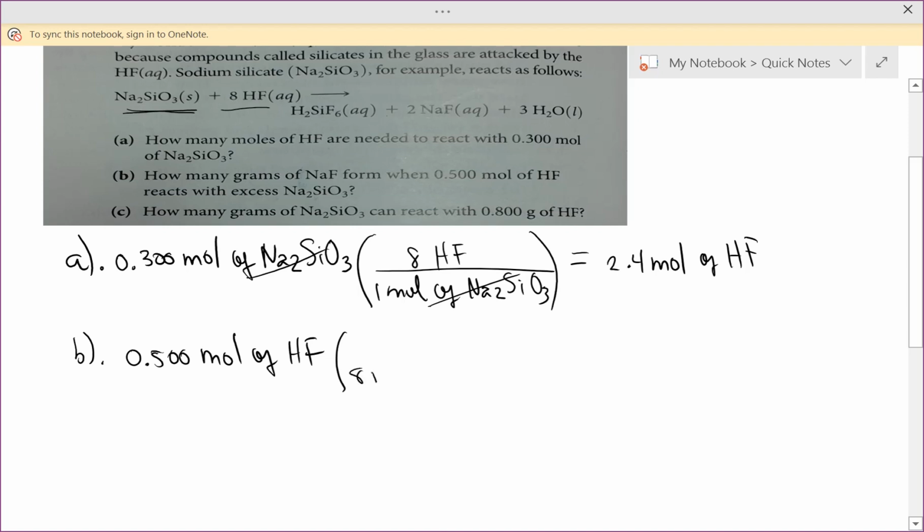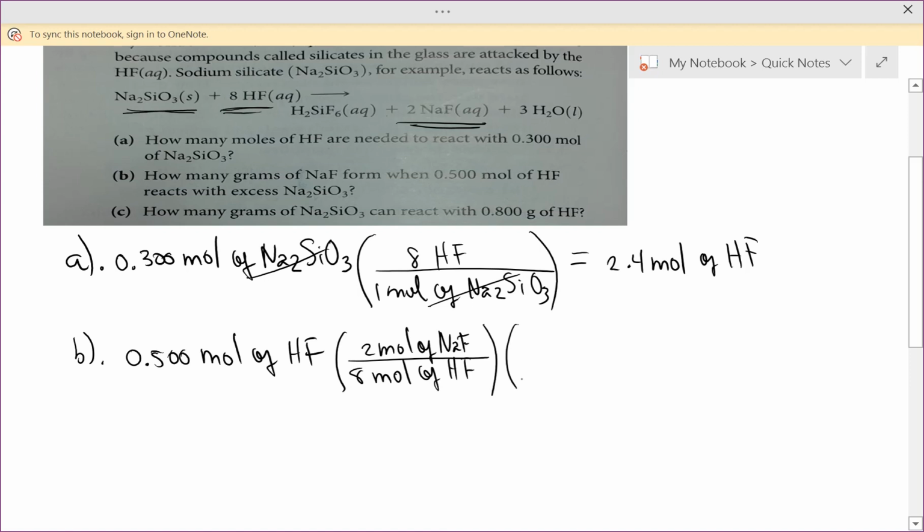So we know that for each 8 moles of HF, we have 2 moles of NaF. Remember, we're following the equation in here.